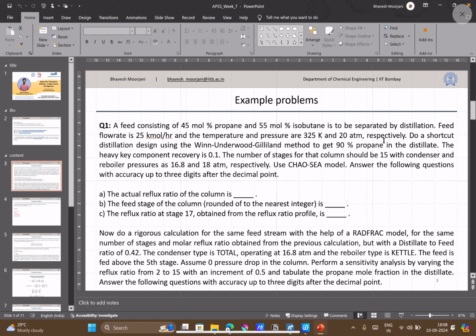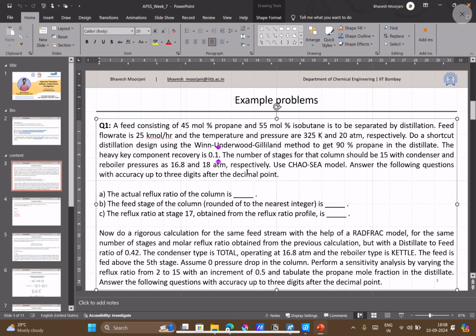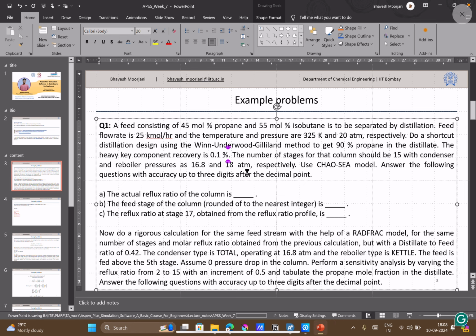First we have to perform a shortcut distillation design using the Winn, Underwood and Gilliland method to get 90% propane separation in the distillate. Heavy key recovery is given as 0.1, this should be 0.1%. The number of stages of the column should be 15, with a condenser and reboiler pressure also provided.